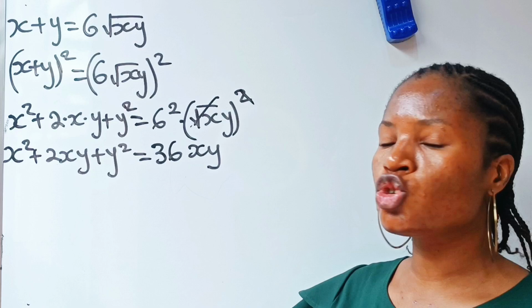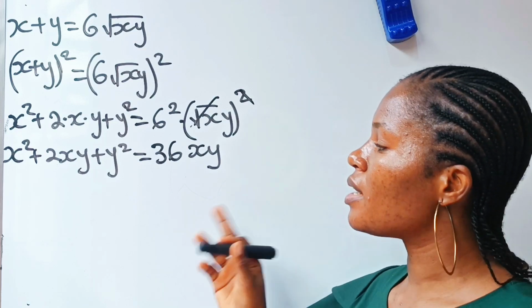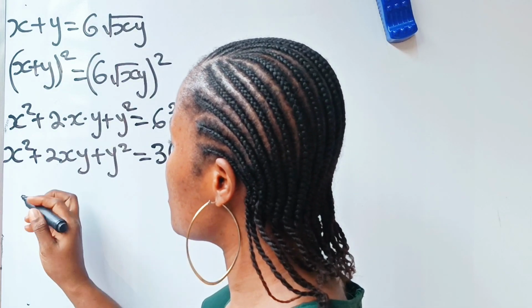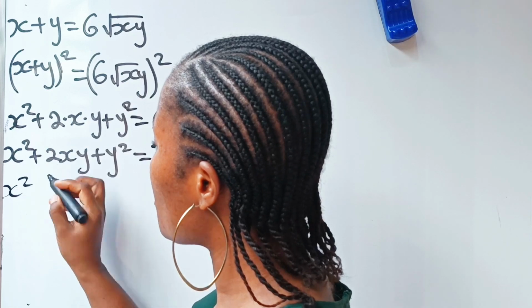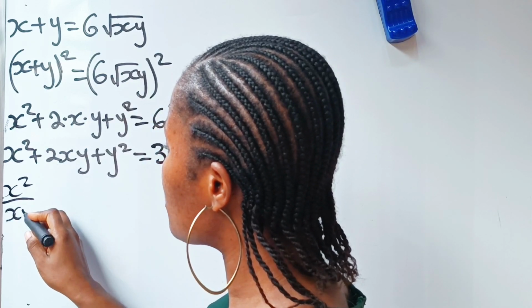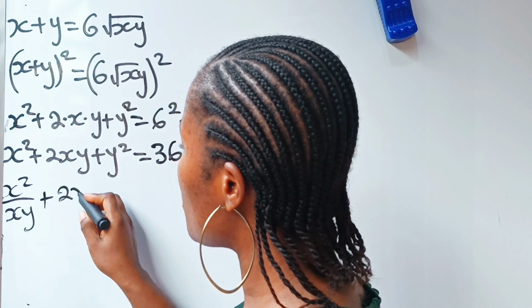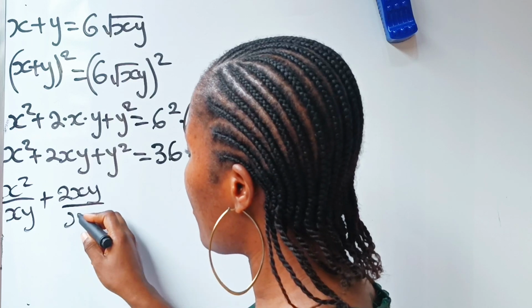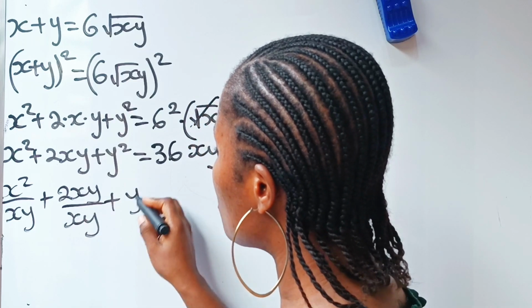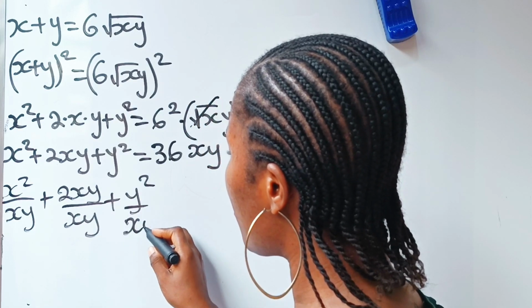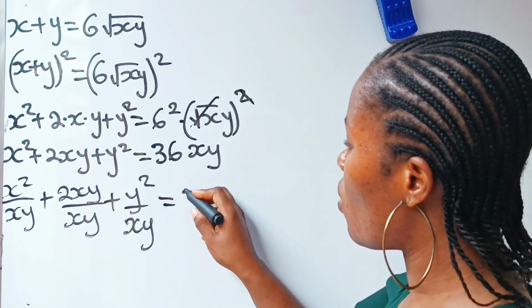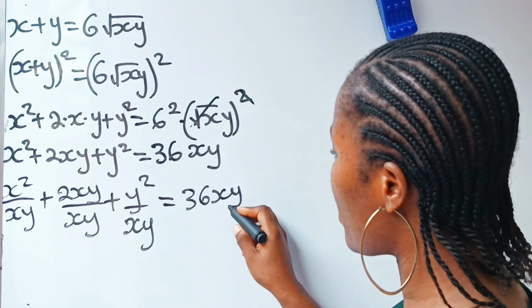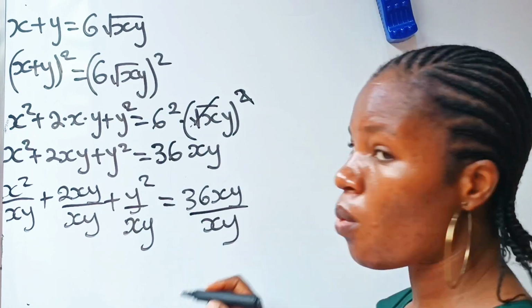So let's divide through by xy. When we do that, we have x squared divided by xy plus 2xy divided by xy plus y squared divided by xy is equal to 36xy divided by xy.